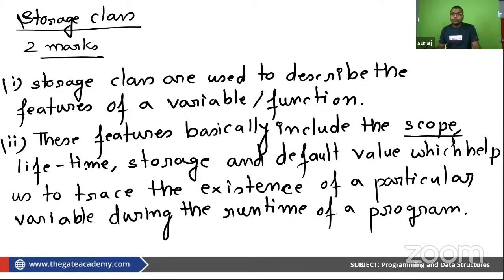Lifetime means till what time it is alive. Storage is where it gets its storage, whether in memory or a stack. Default value means if you are not giving initialization, what default value it is going to have. These help us to trace the existence of a particular variable during the runtime of a program.